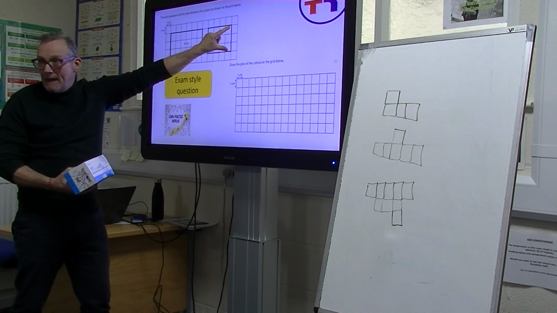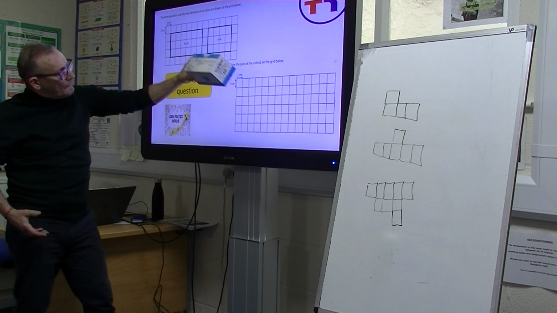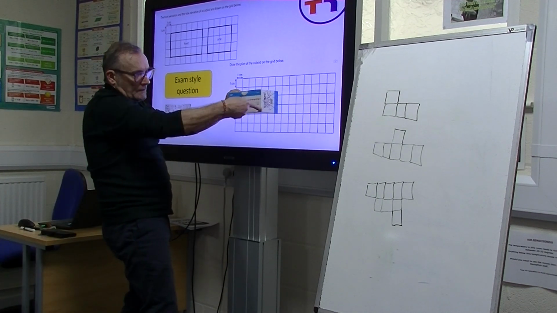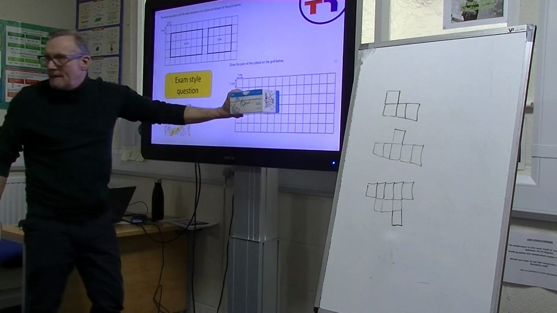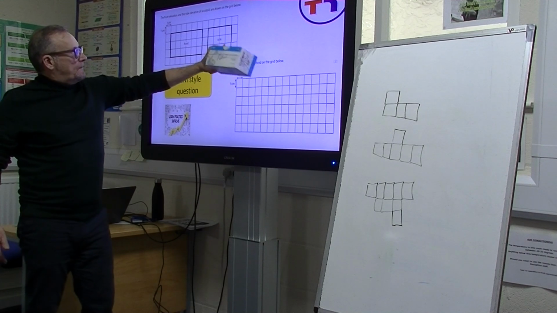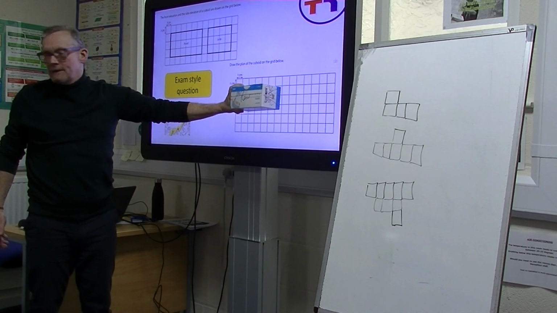I can't see how high it is, because that's the height. So remember, when you've got a plan, you can see the length of it, you can see the width of it, but you can't see the height of it. You don't know that that box is 3 squares high.